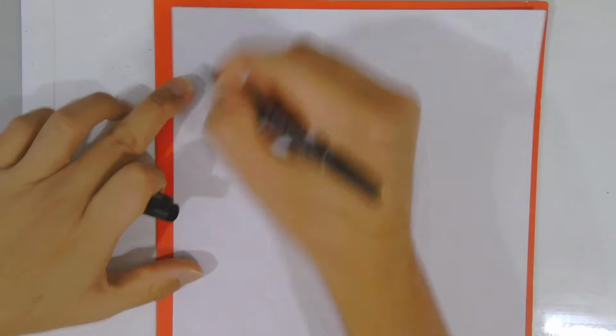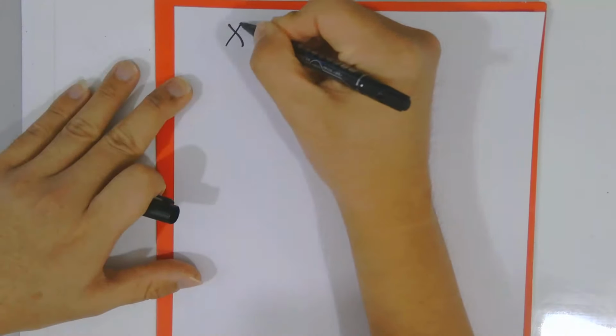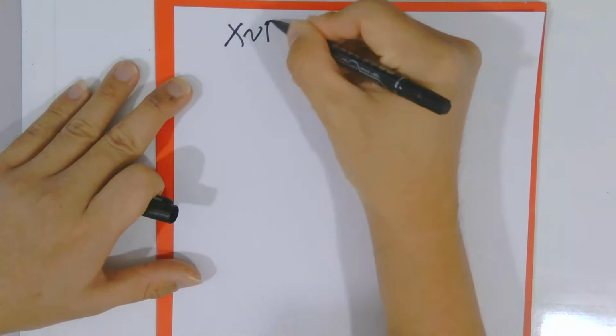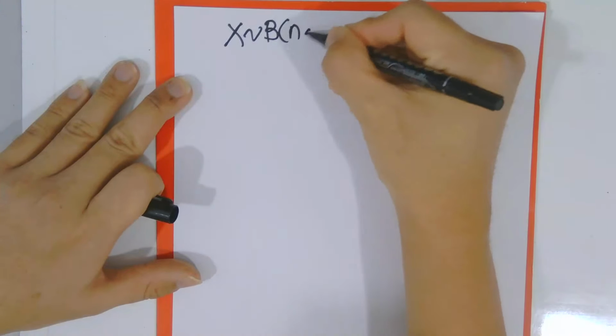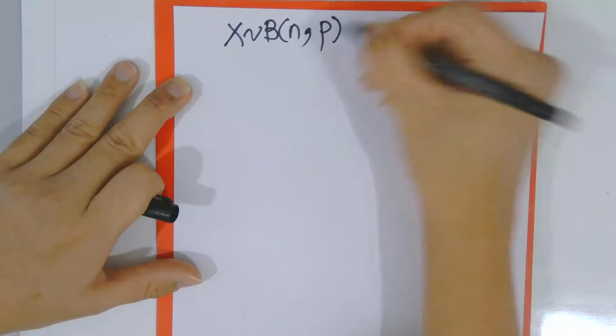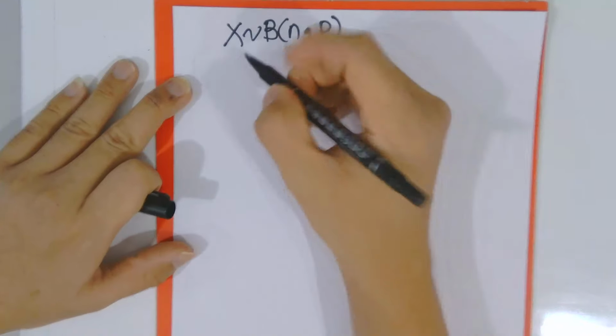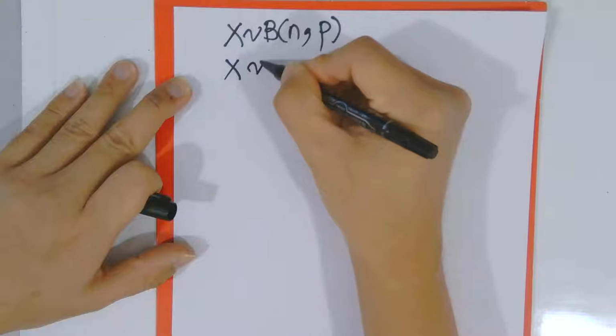Let's say you know that a binomial is defined as having a number of samples and a probability of success. Now I go to a specific case.